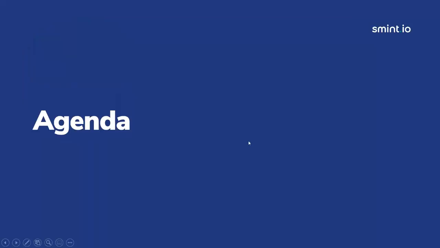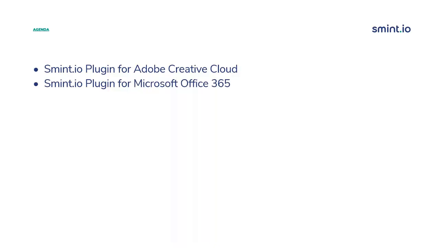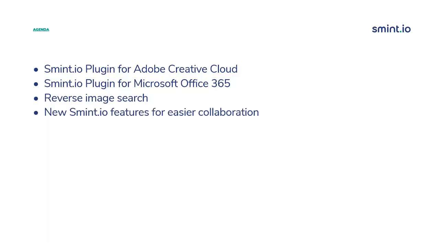I want to start this webinar by visiting the agenda first, tell you what we will see. First of all, I will show you the new Smint.io plugin for Adobe Creative Cloud, followed by the Smint.io plugin for Microsoft Office 365. Then we will visit a great feature called reverse image search, and I will tell you what this is and show you. And then we will go into a lot of features within Smint.io that we have introduced to make collaboration easier for you guys.